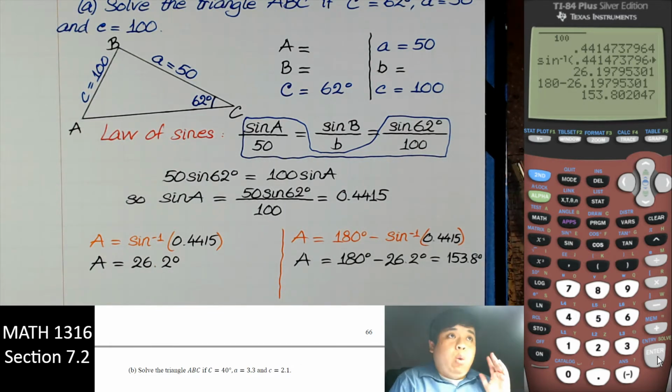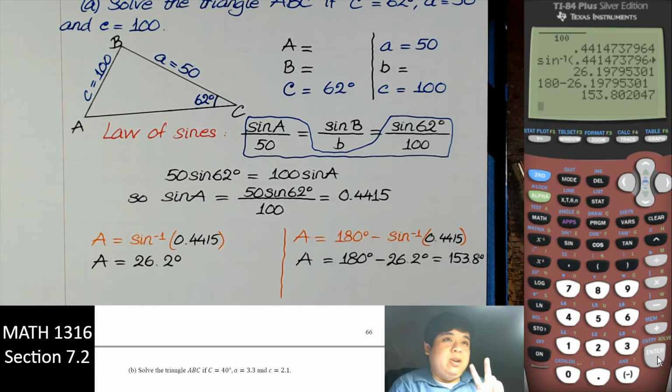Right. So when we have the sine equal to sine inverse, always two solutions. However, one of them may not work or none of them will work.